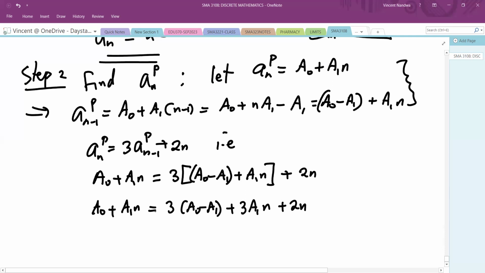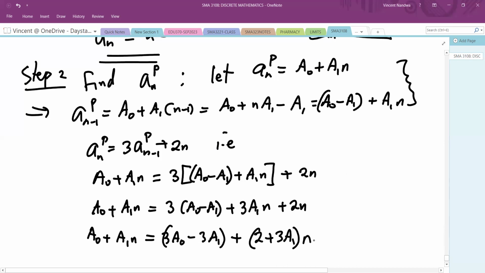Which will give us a0 plus a1n equals, on this side, constants will be 3a0 minus 3a1, then plus coefficients of n, which will be 2 plus 3a1 times n.